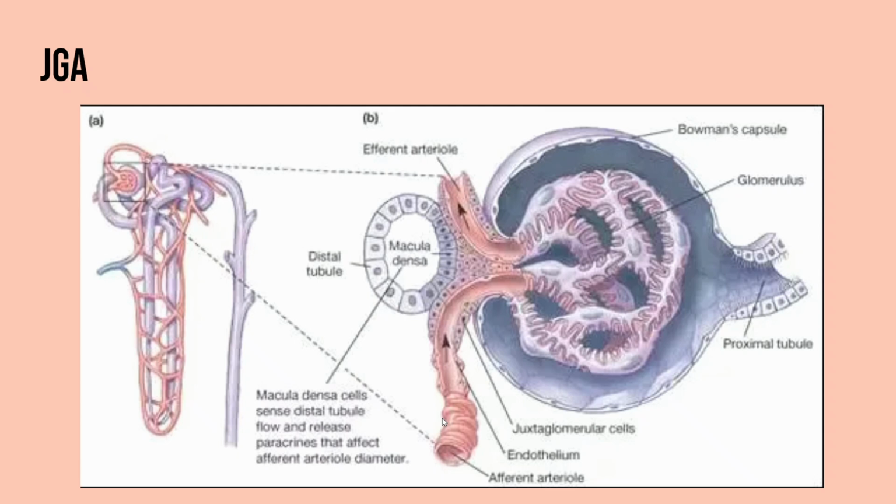If we have a low glomerular filtration rate, releasing nitric oxide dilates the afferent arteriole. This arteriole right here is going to get wider, which allows more blood in and increases the rate of filtration. Does that make sense?